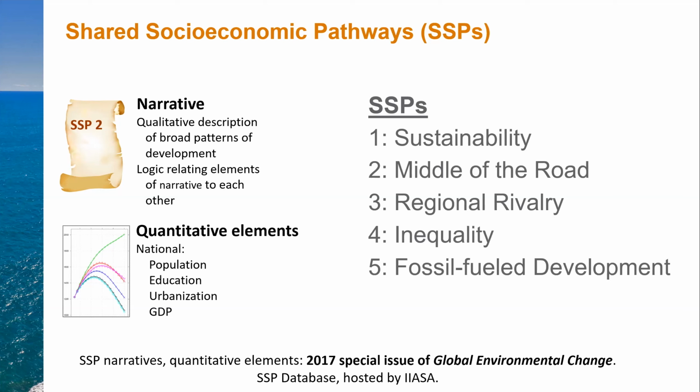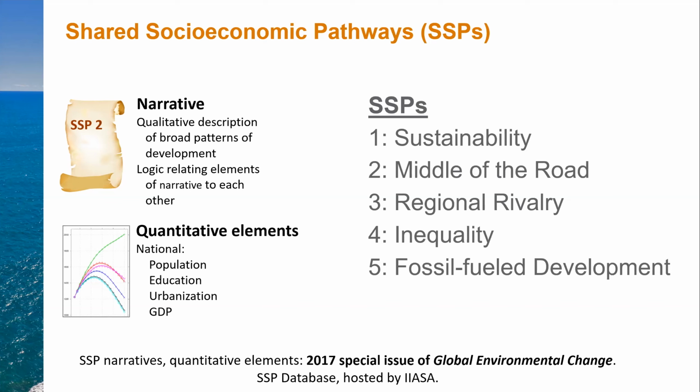Why is population declining? Why is the economy perhaps growing especially fast? Why is technological change proceeding in a particular fashion? Relating this to social scientific theories about the way the world works.